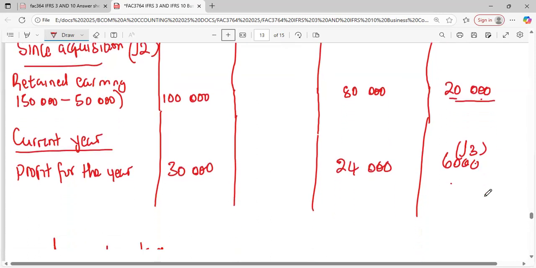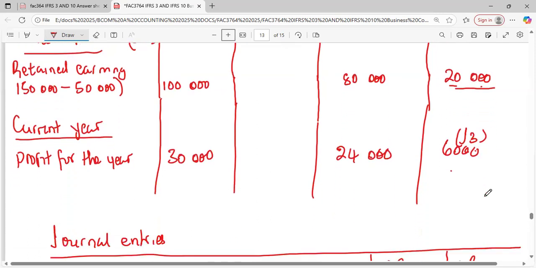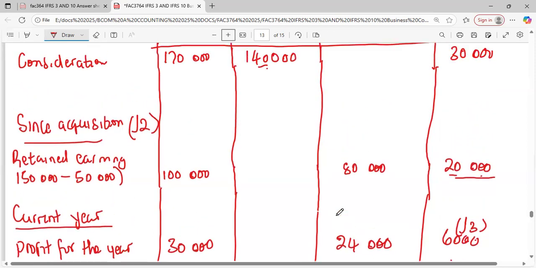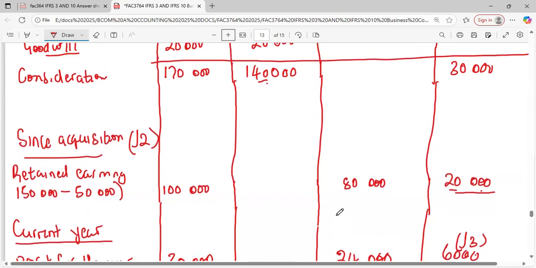On the current year, you may find that sometimes we might have dividends that were declared. So which means you should also have your journals for non-controlling interest, dividends that were taken by non-controlling interest. So every time when you have your journal entries, your journal entries can come from here.